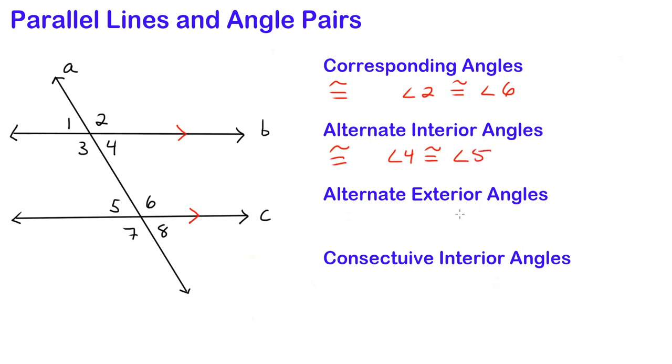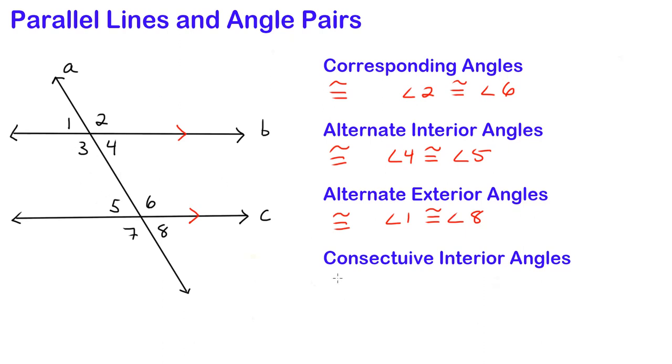Alternate exterior angles, same idea, except we're dealing with the exterior. They are congruent. Example, angle 1 is alternate exterior with angle 8. So angle 1 is congruent to angle 8. And consecutive interior angles, those are the ones that are inside the parallel lines on the same side of the transversal.